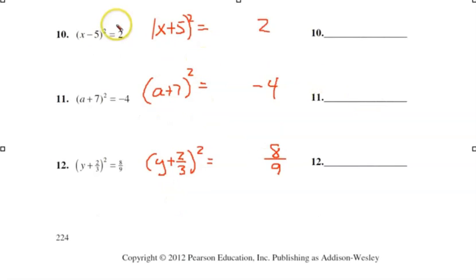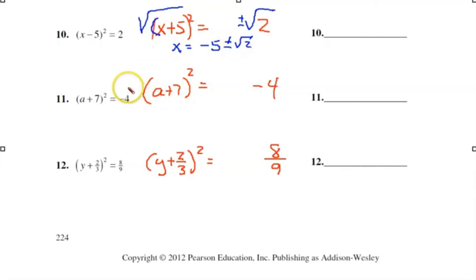And the same thing here. So following what we've done, this is a parenthesis by the way, we take the square root of that side and then plus or minus the square root of 2. This then becomes x equals a negative 5. We transpose that plus or minus the square root of 2.